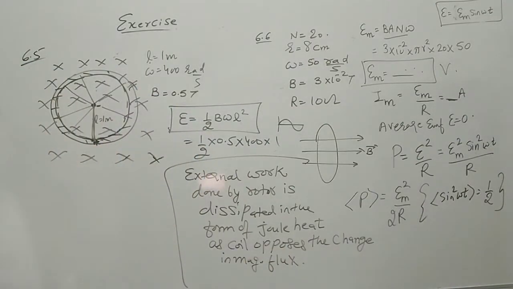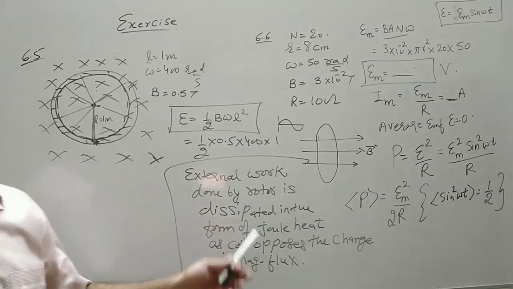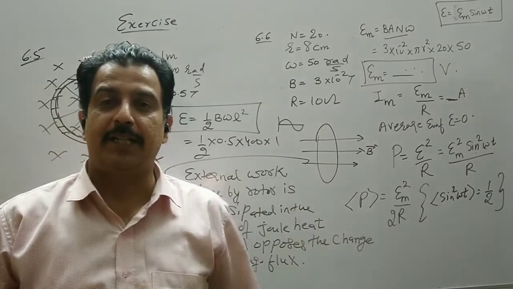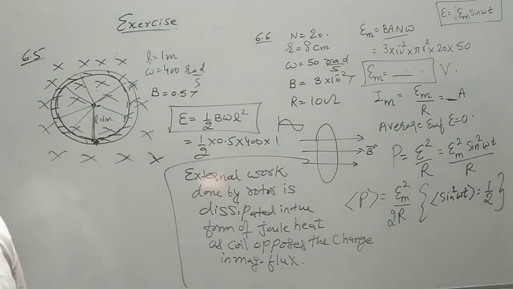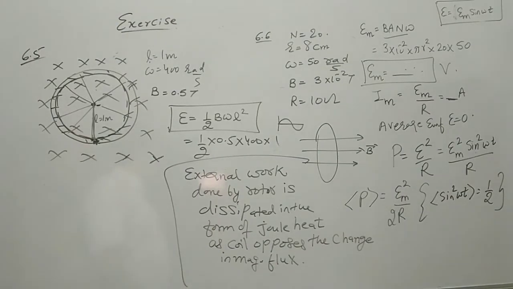As soon as you start rotating, the coil will oppose the change. So whatever work is done by the rotor, that work is dissipated in the form of heat. So external work is dissipated in the form of Joule heating effect.